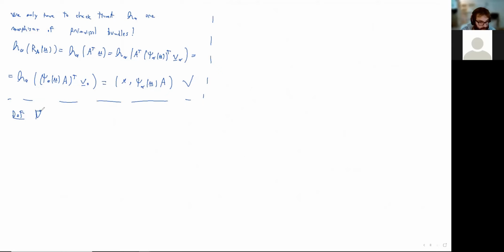So when E is TM, we just write FM for F of TM. We just write the frame bundle of M, we don't write the frame bundle associated to the tangent bundle of M.